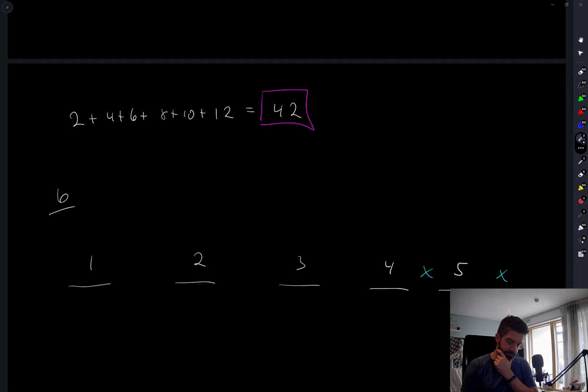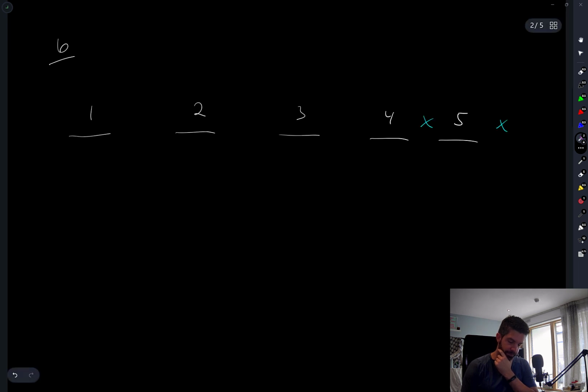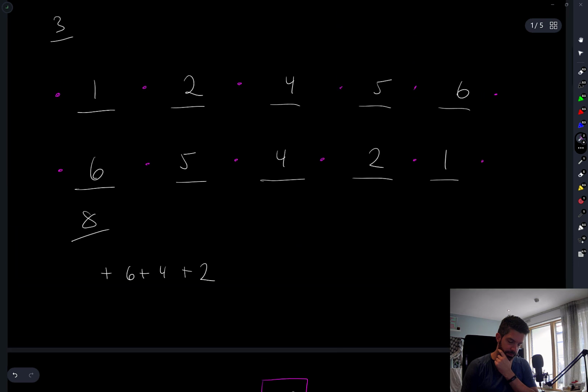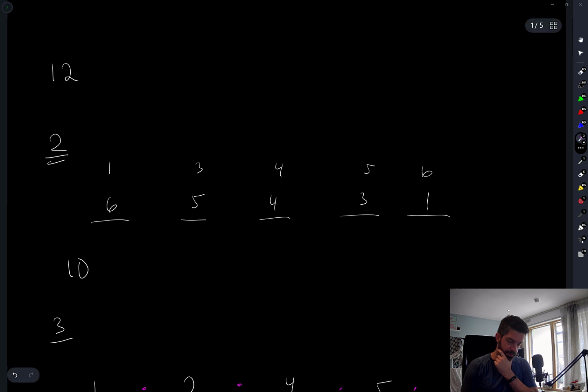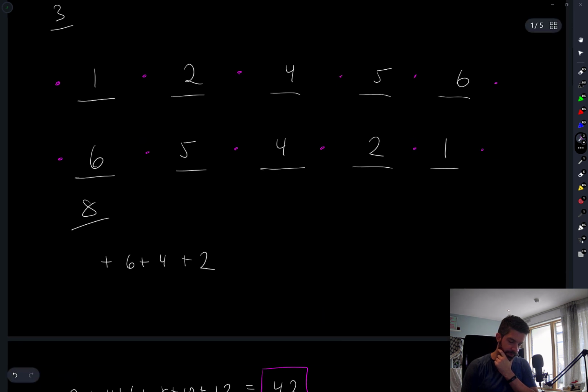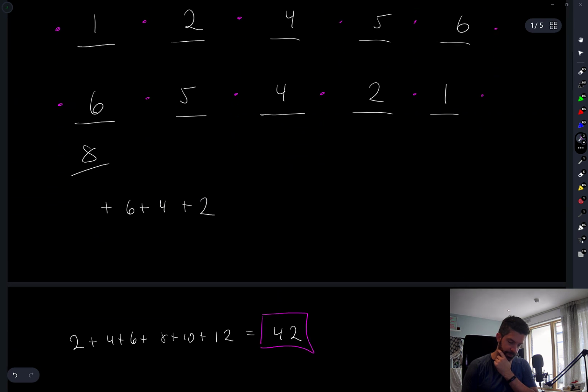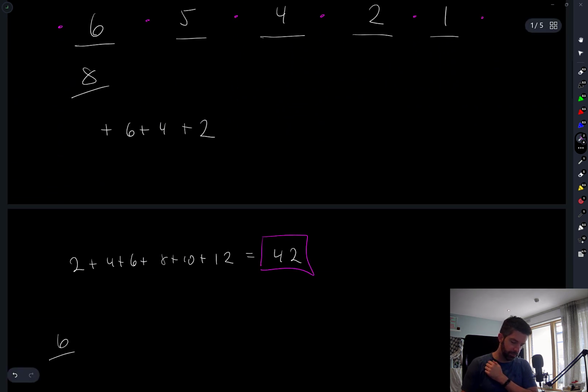But now my pattern doesn't seem to be following. If 6 goes there... maybe I didn't do this correctly. I don't think this is the way the pattern works.